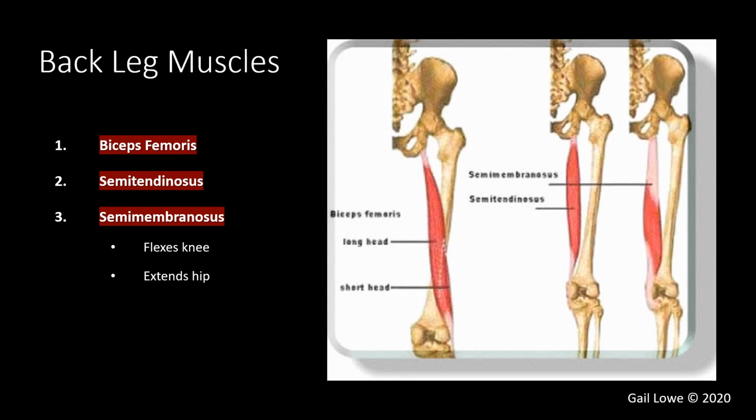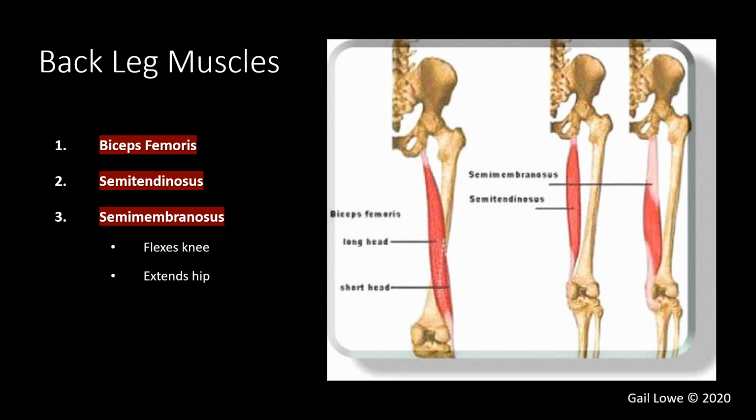These muscles together flex the knee, so if you shorten them, the knee is going to come up and be flexed. And as you lengthen the leg, they help to extend the hip. So the muscle action for these is to flex the knee, but also to extend the hip. And collectively they're known as the hamstrings.